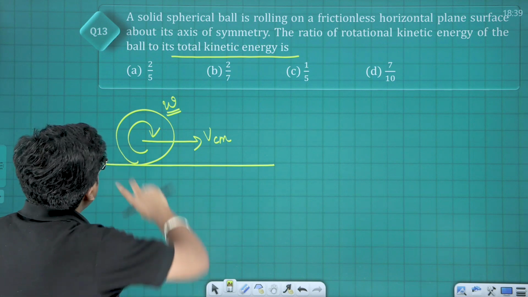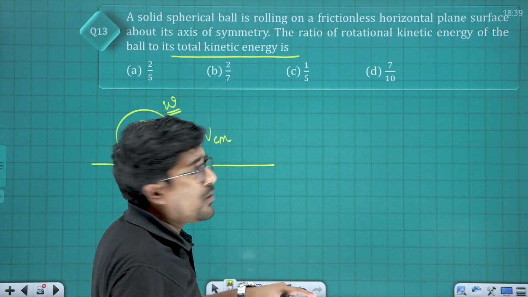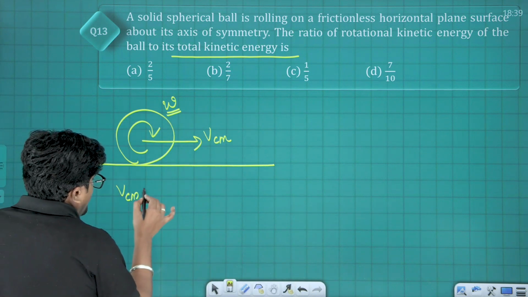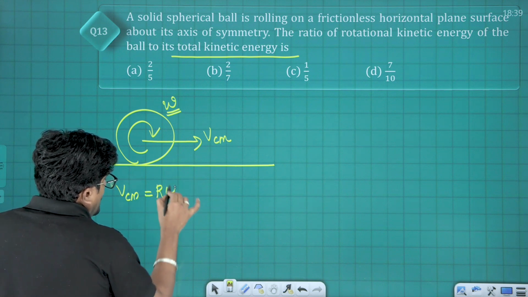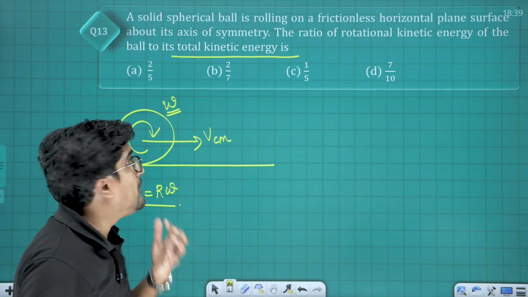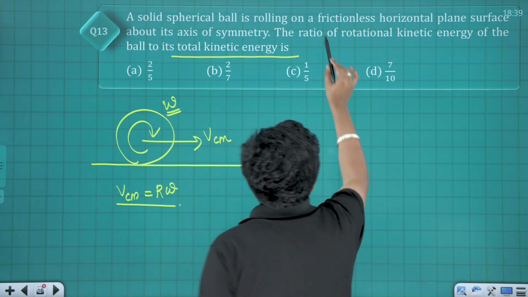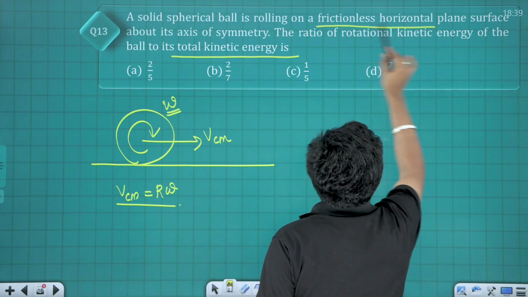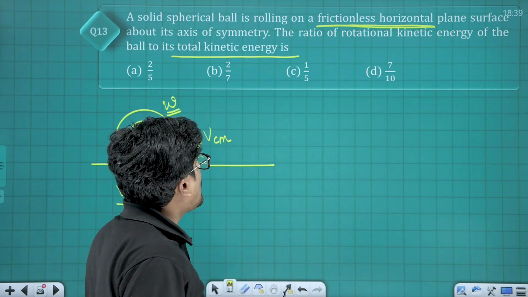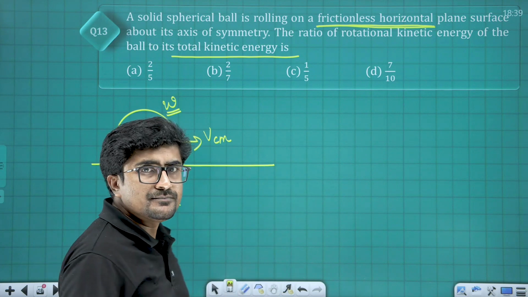Now if it is pure rolling, in case of pure rolling, then we know that VCM needs to be equal to R omega. Now you must understand one thing. The frictionless condition needs to be ignored because without friction, pure rolling is not possible in this case.